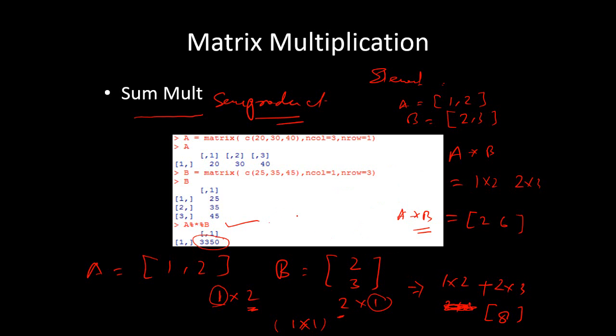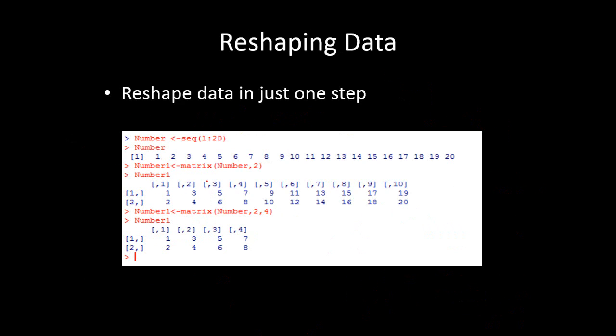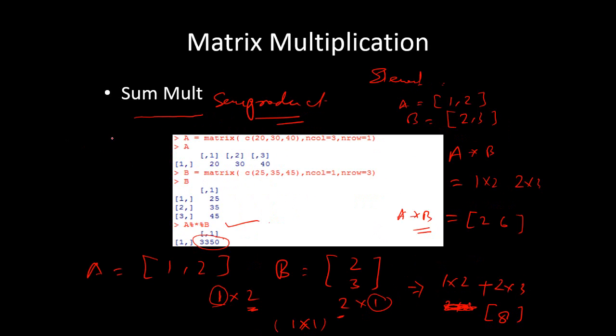So a simple matrix multiplication. Otherwise, one has to write a for loop. In the normal programming languages, you write a do loop or a for loop, take two indexes i, j, and then you multiply. It takes a lot of time, uses a lot of computing power. Whereas here, you just use two matrices and do multiplication.